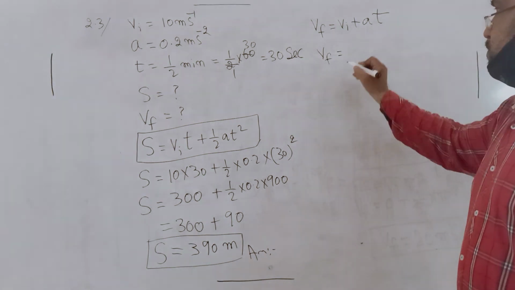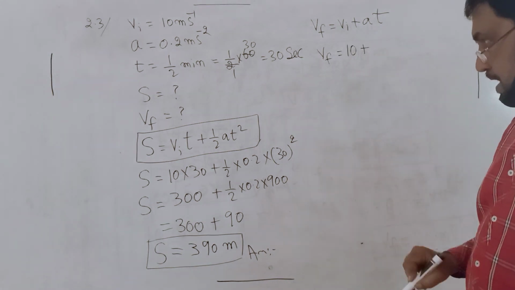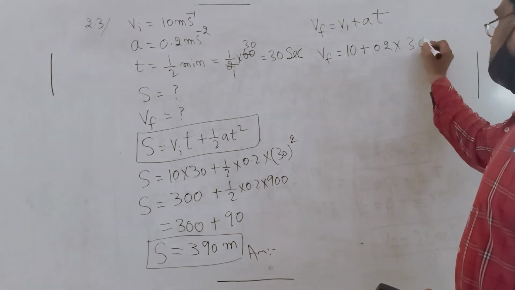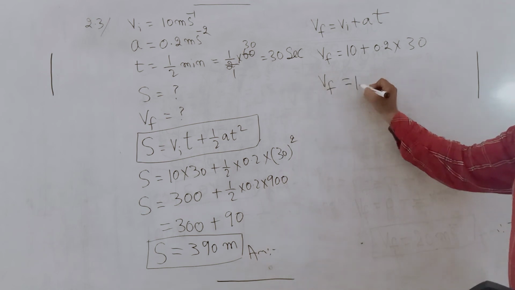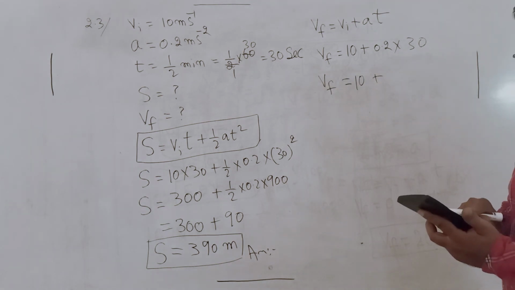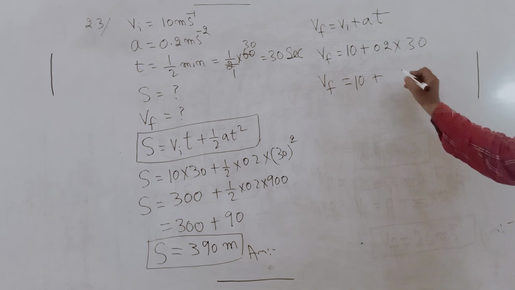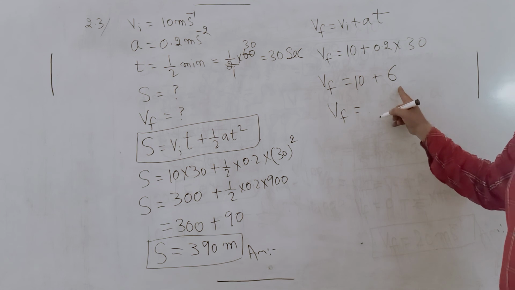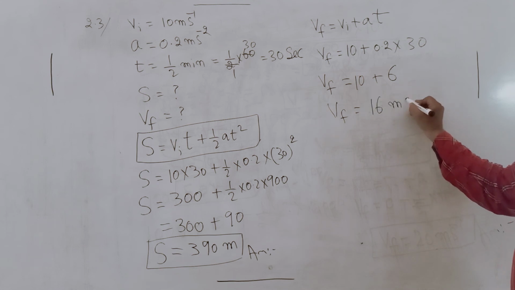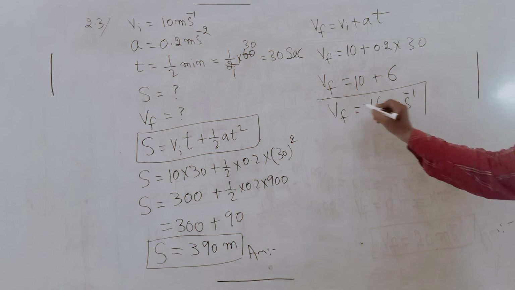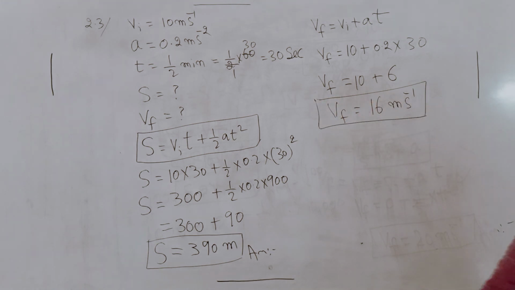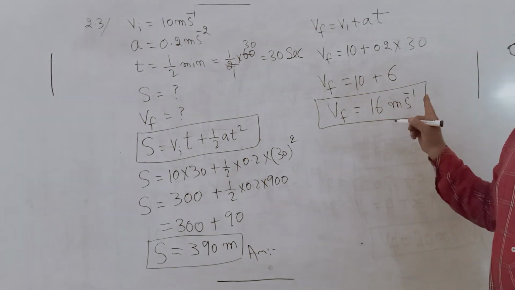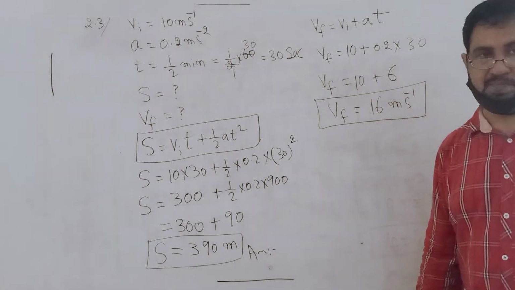Putting values, Vi is equal to 10, A is equal to 0.2 and time is equal to 30. 0.2 into 30 is equal to 6. 10 plus 6 is equal to 16 meter per second. Distance 390 and final velocity is equal to 16 meter per second. Okay students.